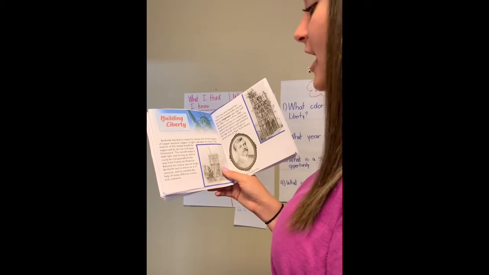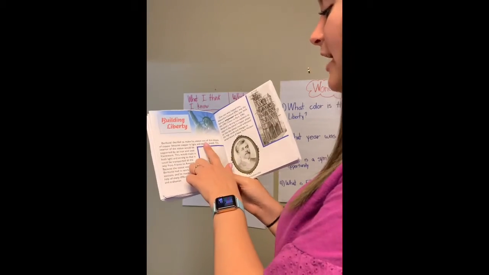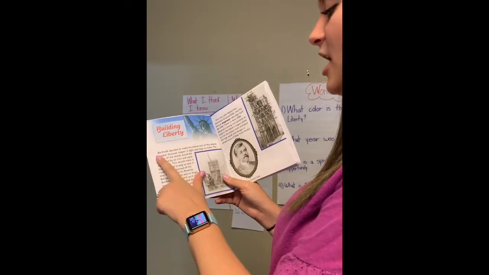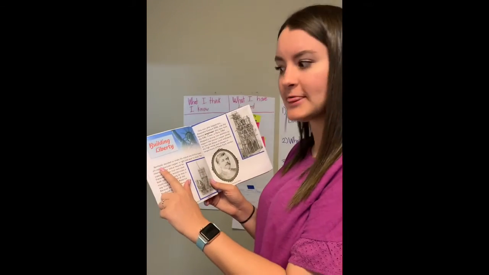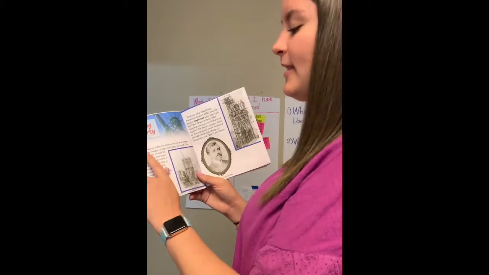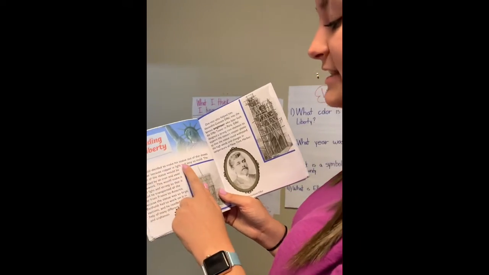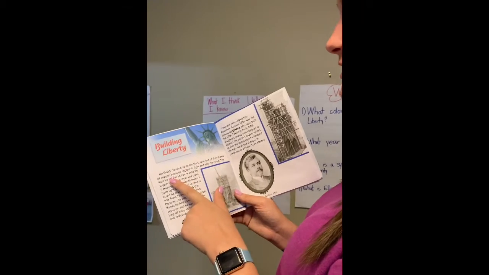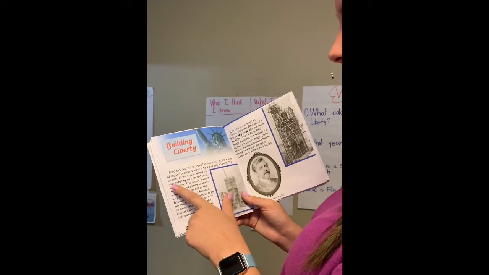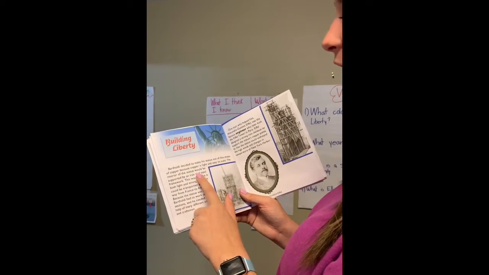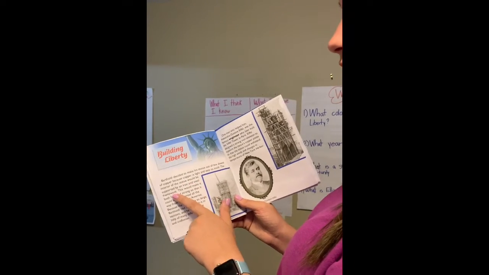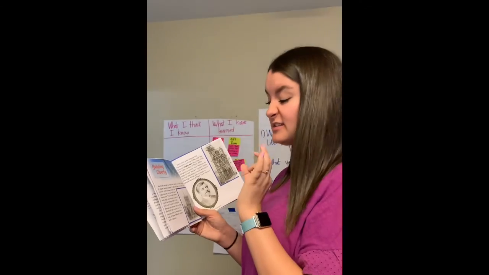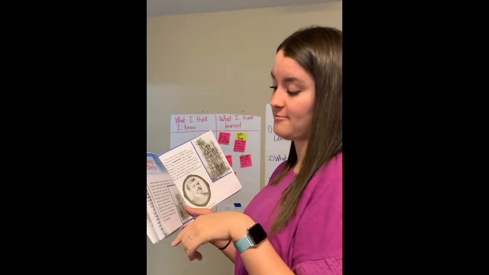Bartholdi decided to make his statue out of thin sheets of copper. There is that word copper. Because copper is light and easy to mold. The interior of the statue would be supported by an iron and steel framework. So I was right yesterday. There is a little steel in there.